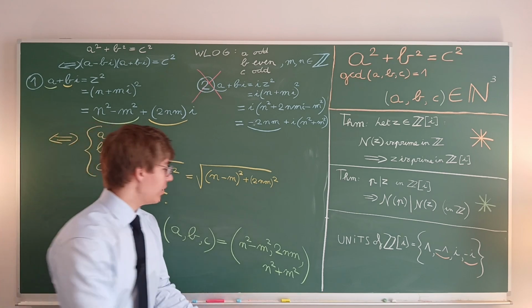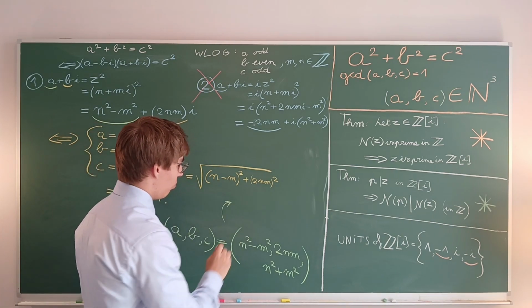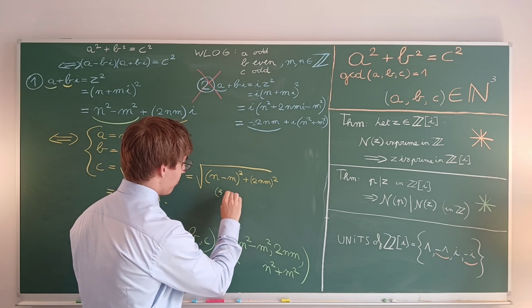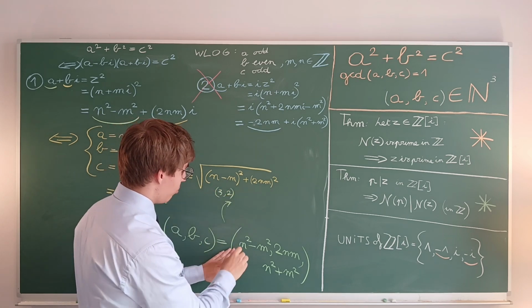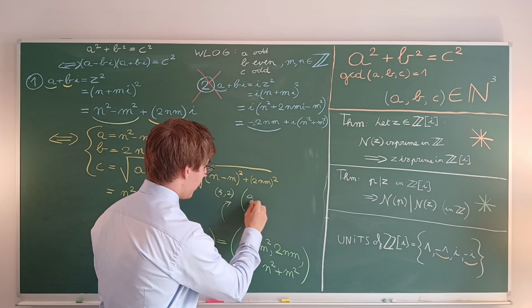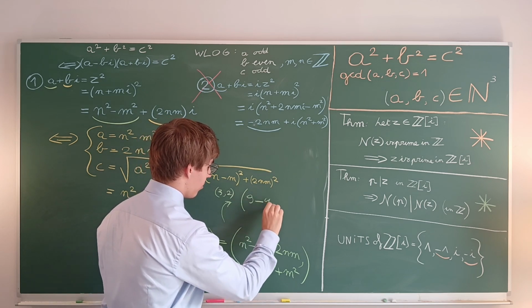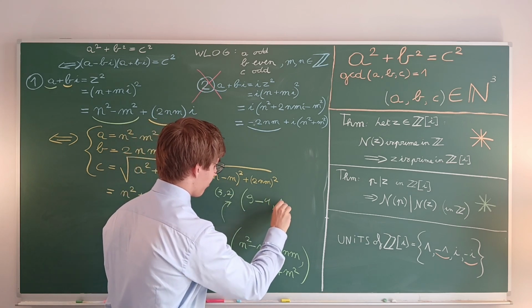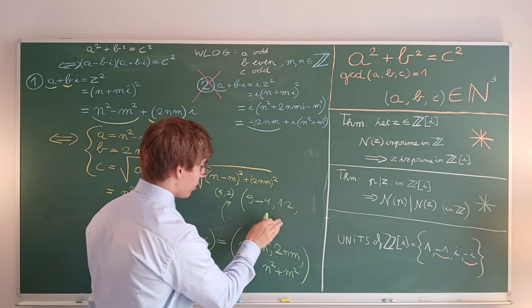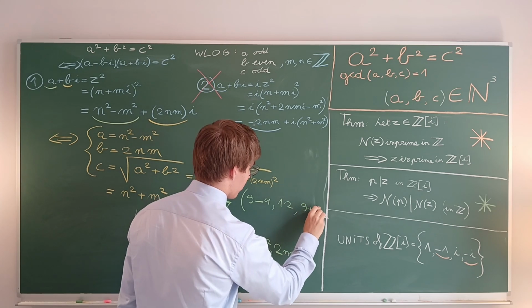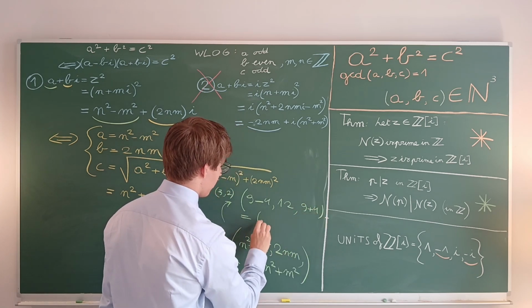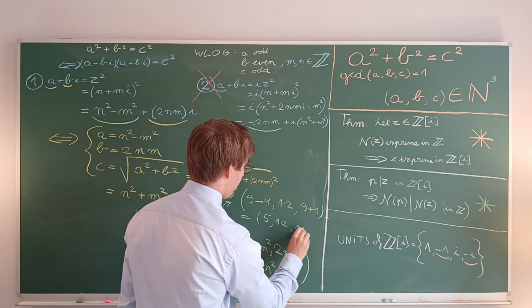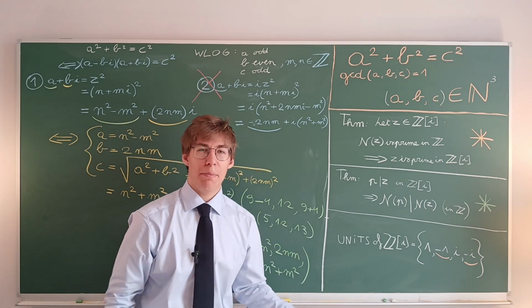So now let's plug in some integers to see what this gives. Let's plug in n equals 3 and m equals 2. This would get us 9 minus 4, 2 times 3, which is 12, and 9 plus 4. So this gives us 5, 12, 13, which is indeed a Pythagorean triple.